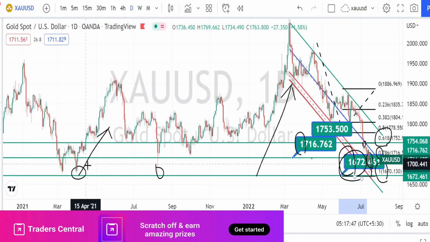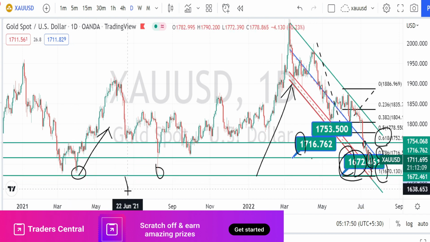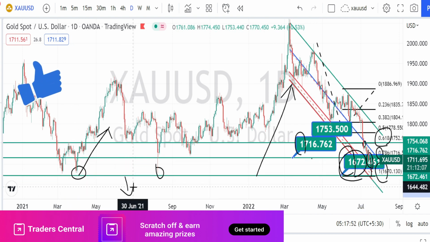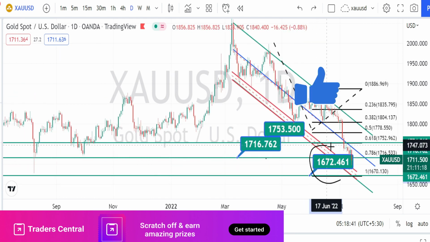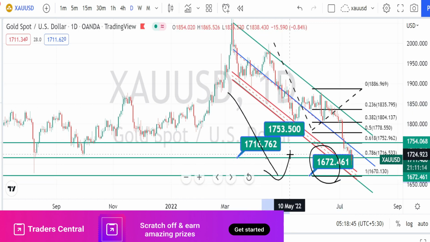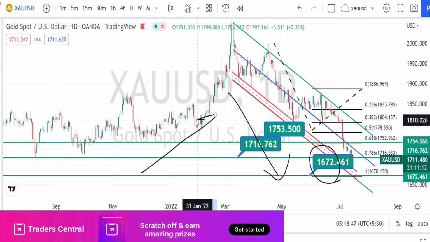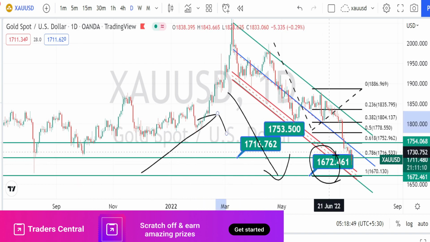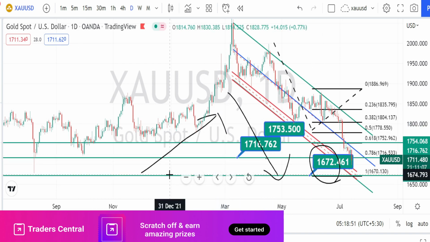And if the price action breaks this support level, it will be a bearish trend reversal in gold for the daily time frame. Until this support level of 1672, it is only considered as a retracement of the bullish trend it has made previously. Once the price action breaks this support level, it will be a bearish trend reversal in daily time frame.